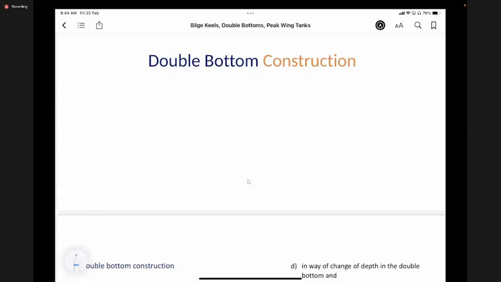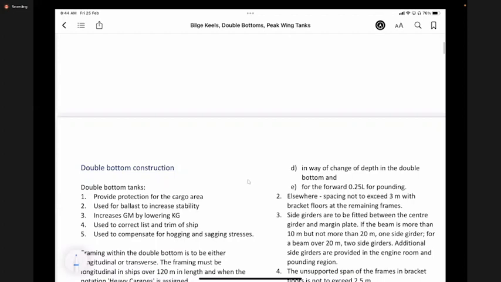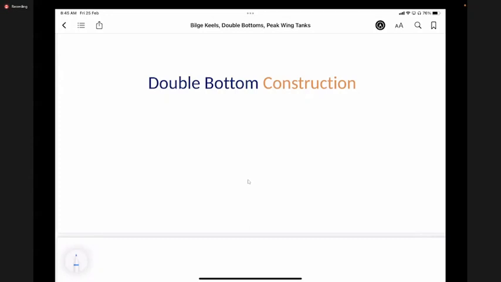Now, double bottom: whatever is read here, we need to understand the concept, because whenever it comes to engineering, if you do not have any benefit, then why should you spend money on it? It is as simple as that. If our ship is okay being a single bottom ship, then why add a double bottom?